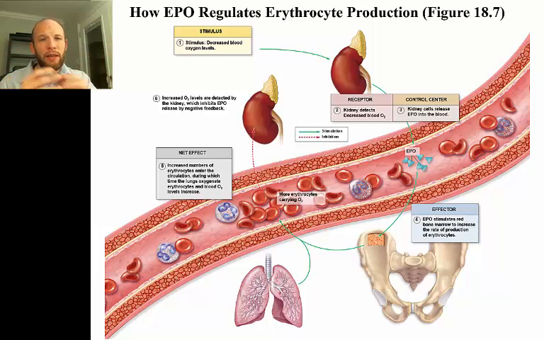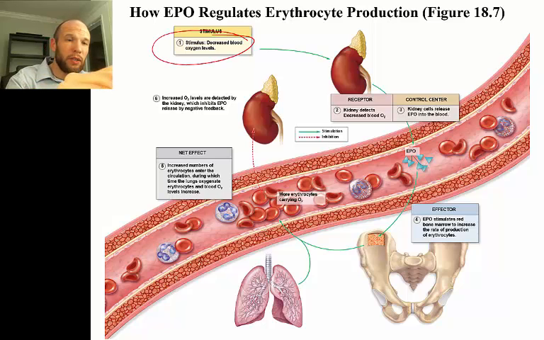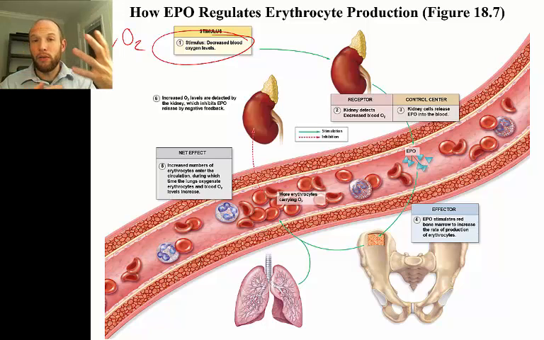So the first thing is the stimulus for the production of red blood cells is a decrease in blood oxygen levels, right? So you see that here, right? A decrease in O2. So if there's not as much oxygen flowing through your blood, something has to be able to monitor that, and that happens in the kidneys, right? We've talked about this receptor concept, and that's in the kidneys.